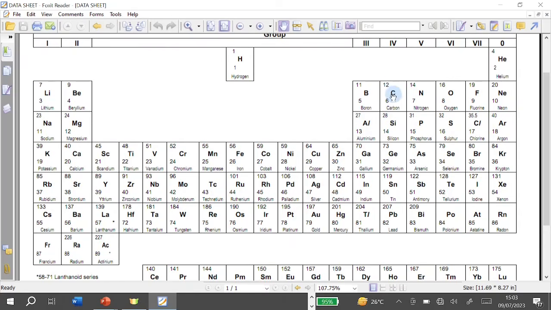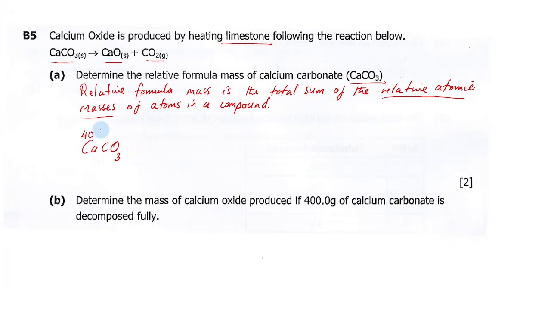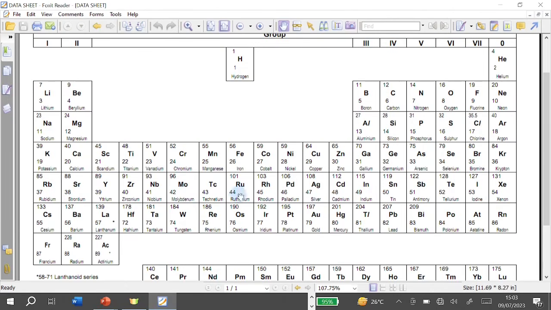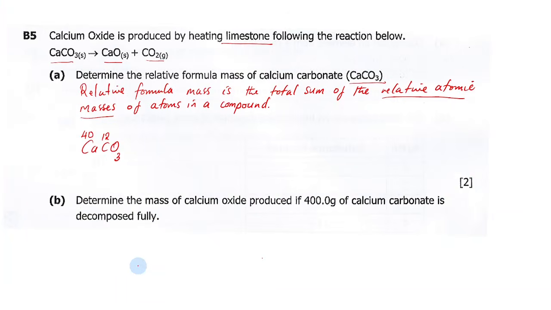The symbol is C. The number up here, 12, is the relative atomic mass for carbon. So come and put it here, 12. Then we'll go for oxygen as well. Oxygen is here, the symbol is O, and the relative atomic mass is 16. So you come quickly there and say 16.